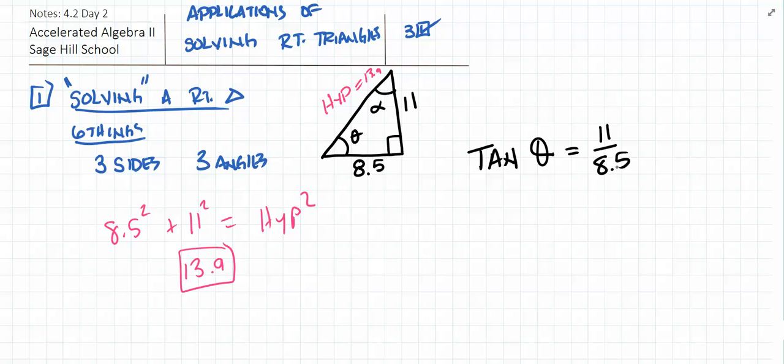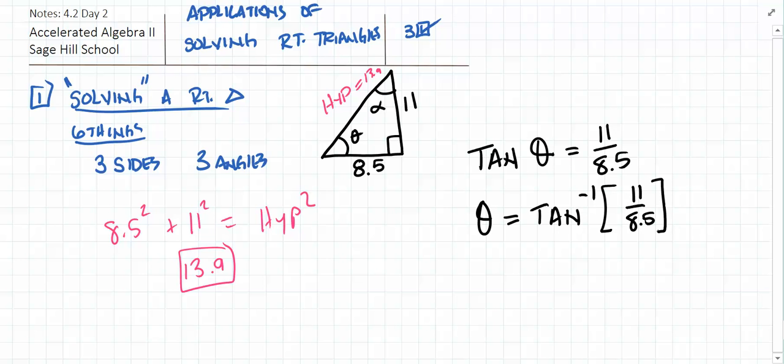I'm interested in the angle who has a tangent of 11 to 8.5. So what I have to do is introduce something called the inverse tangent. So the angle that I want is equal to the inverse tangent of 11 to 8.5, right? So when you see that, your brain has to think, this is the angle whose tangent is in ratio of 11 to 8.5 for opposite to adjacent.